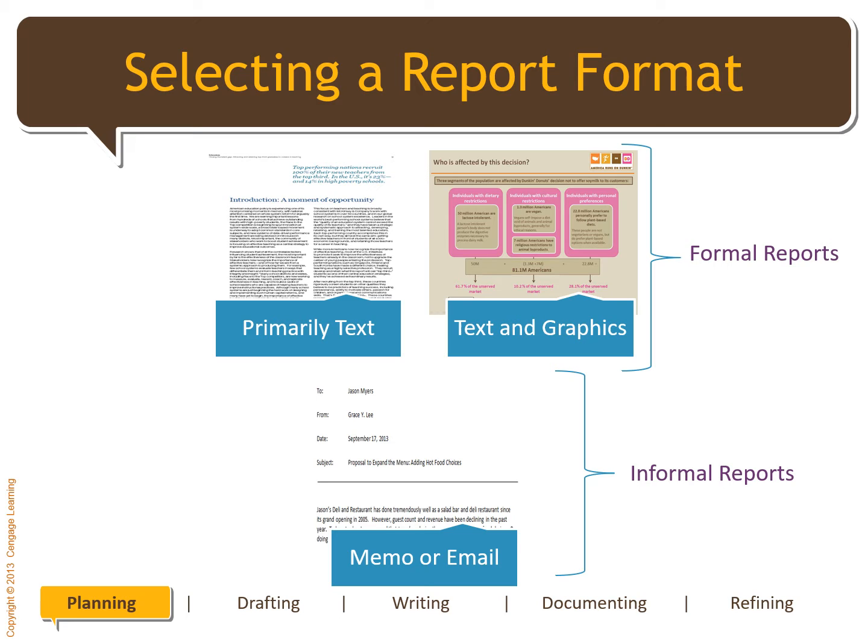And the other type would be both text and graphics, where the report that we're submitting is filled with a lot of graphics and tables and illustrations and visual aids and so on.